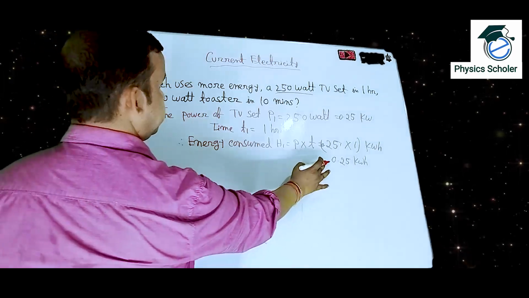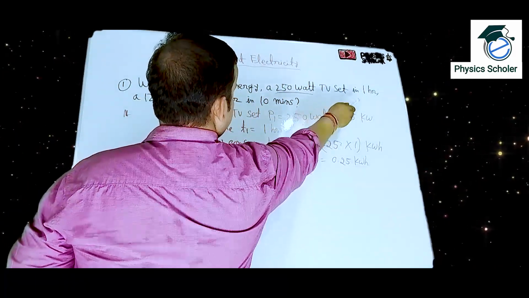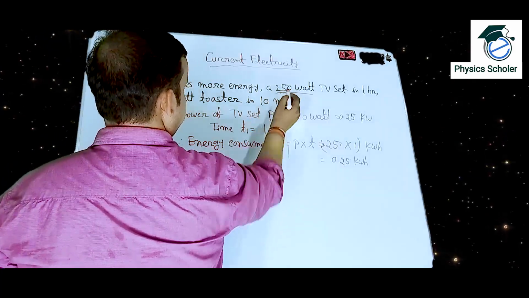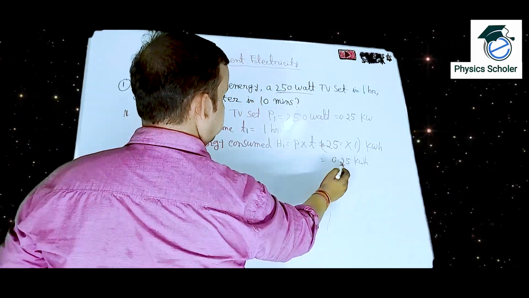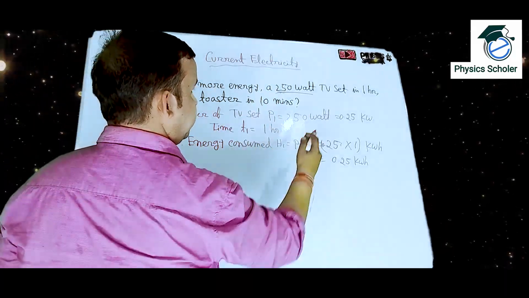So this is the energy consumed by the TV if it is run for 1 hour and the power is 250 watt. So 0.25 kilowatt hour will be the energy consumed by the television set after running 1 hour.